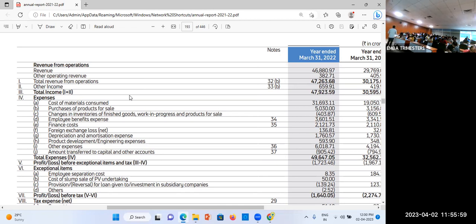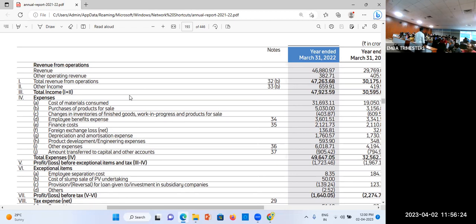The heading is financial statement. We are going to the next chapter: preparation of financial statements. One of the financial statements is the statement of profit and loss, and another statement is the balance sheet. Now we are learning the first one, profit and loss.